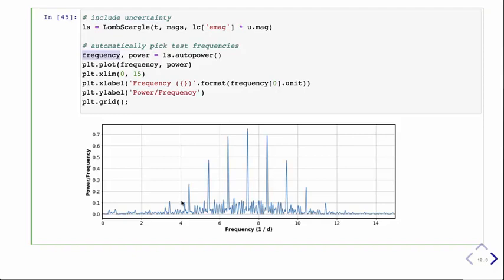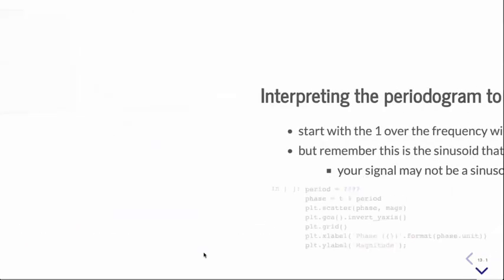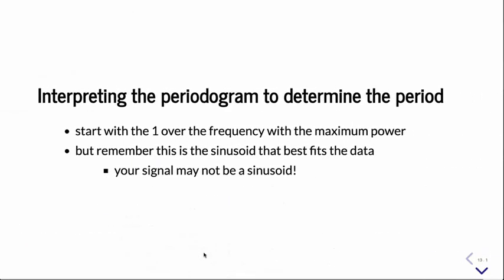But what you might be interested in is knowing what the period of this object is. What's the period in this signal? We have to be a little bit careful in interpreting the periodogram to get the period. We can just start with the peak frequency, the frequency with the most power in it. But we have to remember that when we're doing Lomb-Scargle, we're fitting sine waves, sinusoids, to the data.